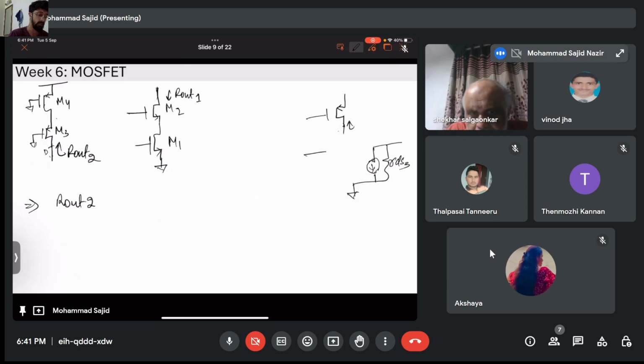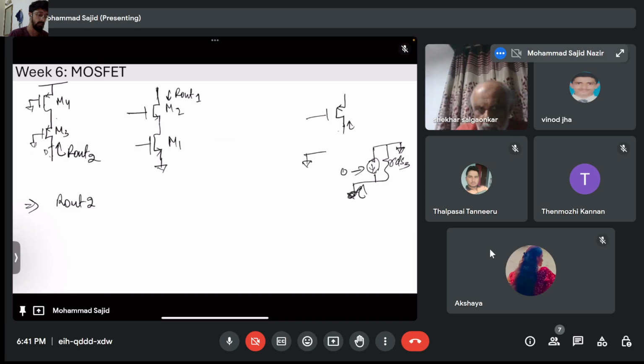Looking into drain, this is grounded, so this will be 0. So its R out will be simply RDS3. Similarly, if I look here, its resistance will be RDS1. Now, can you tell me what will be R out 2 and R out 1 directly?